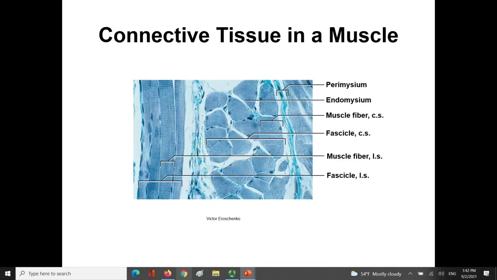This is a microscopic view of a muscle and is showing you all the different connective tissues that I just discussed. CS is cross section, LS is longitudinal section.